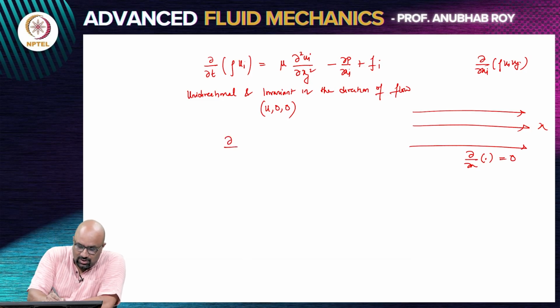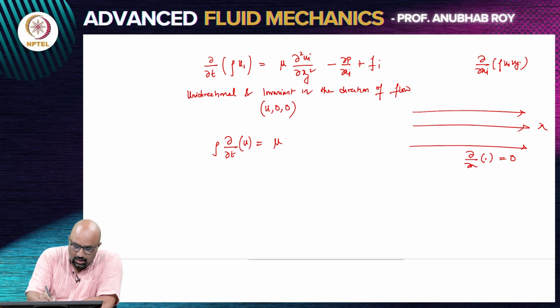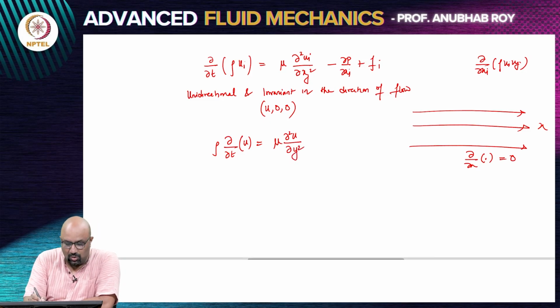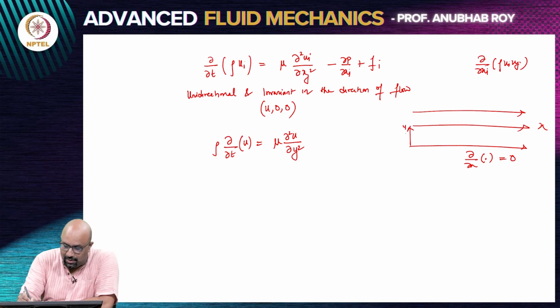So, my equation turns out to be ρ ∂u/∂t equals μ ∂²u, and this varies in the direction perpendicular to my motion. So, I am looking at unidirectional flows that are not varying along the flow direction, and also will focus on problems that are 2D. So, the variation of the velocity field is going to be in the direction perpendicular to the motion.